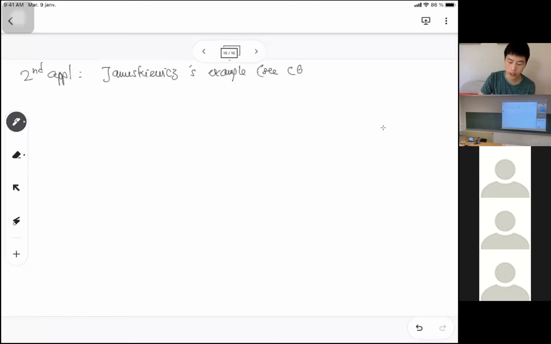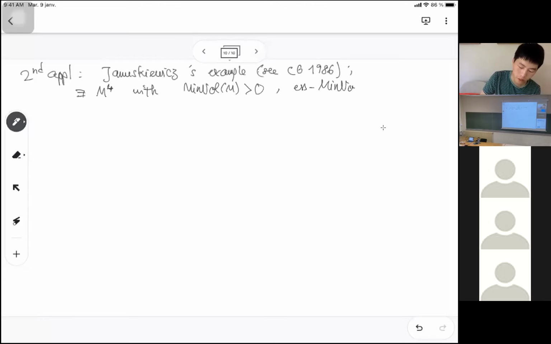For reference, you can see Cheeger and Gromov in the paper of 86. So what it says is that there exists a 4-dimensional manifold that is closed, oriented, such that the minimum volume of M is positive, but the essential minimum volume is 0. And that's going to be the strangest, I think, example of these 4 days about collapsing theory.